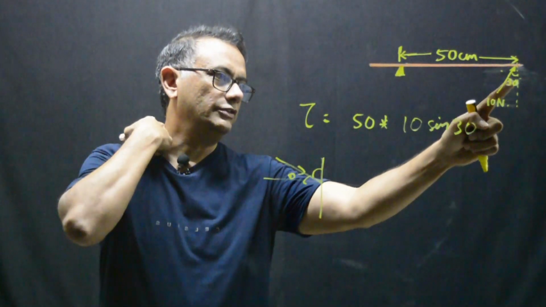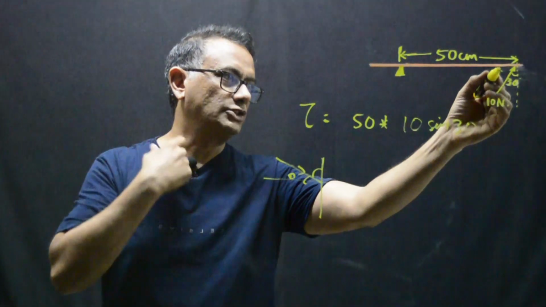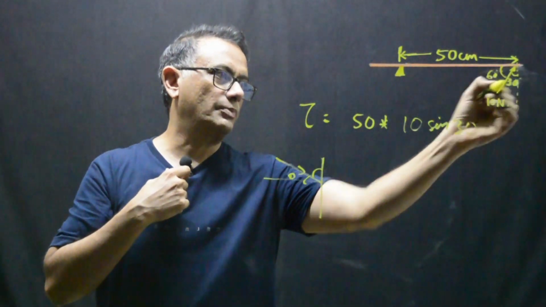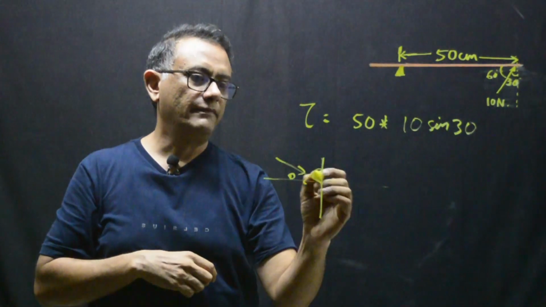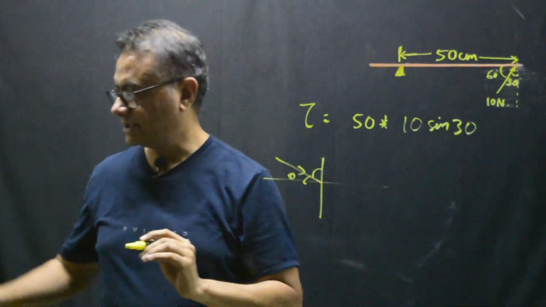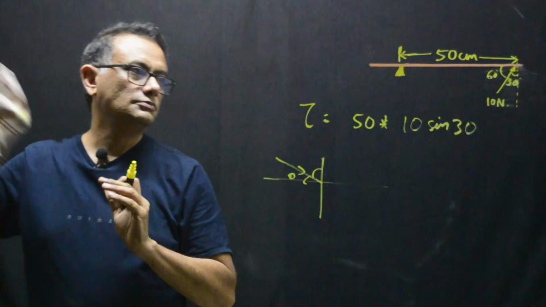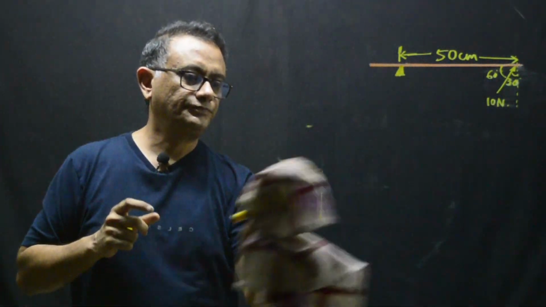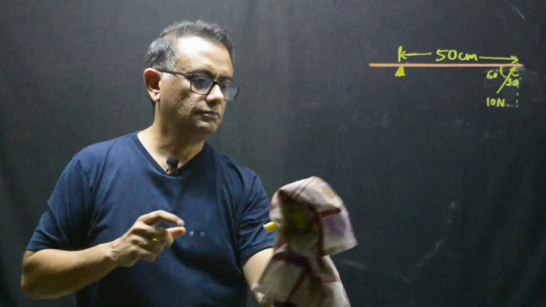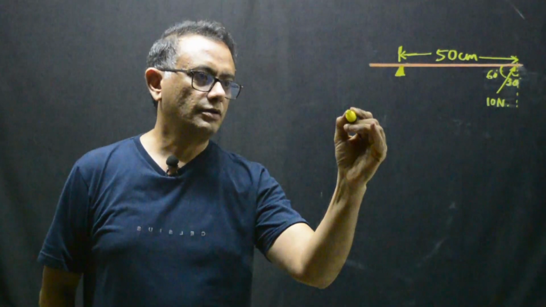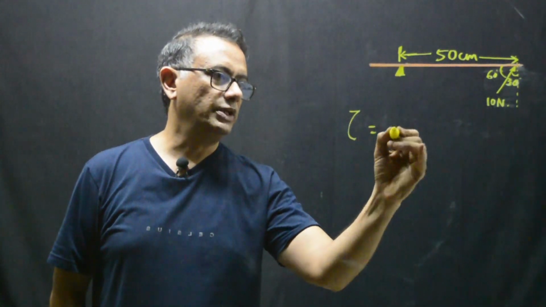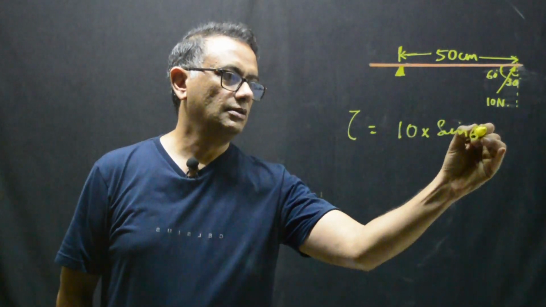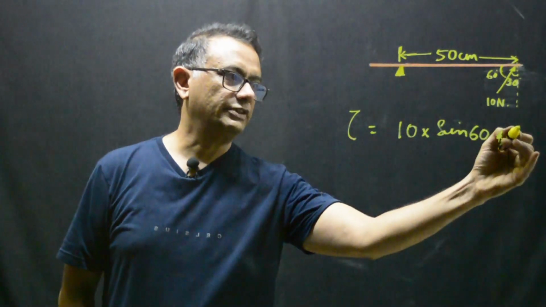So here, though this 30 is given, the actual angle for us will be 60 because this happens to be perpendicular. So we will have to say torque here is going to be 10 into sine 60 multiplied by this 50.